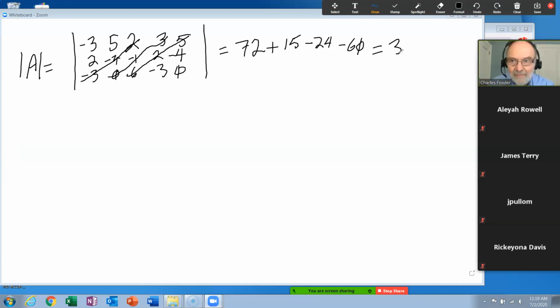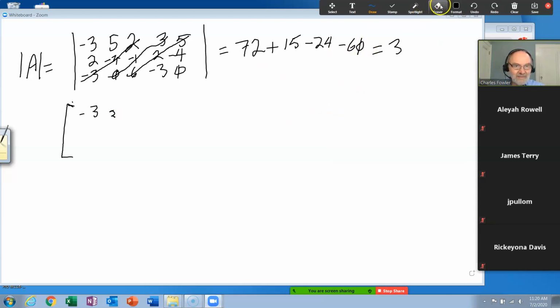Okay, now let's do it using row reduction. So I'm going to rewrite this. This time, I'm not going to do the determinant yet, I'm just going to do row reduction. Minus 3, 5, that's an ugly 5. 2.